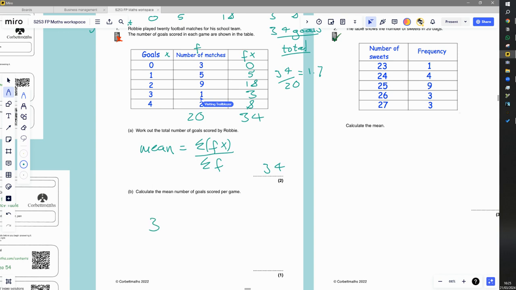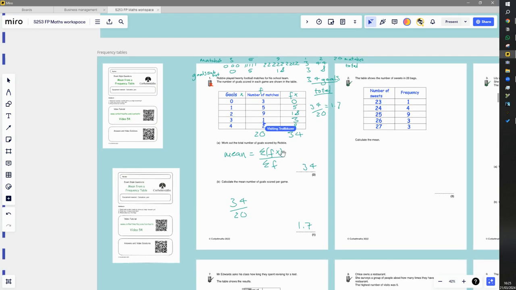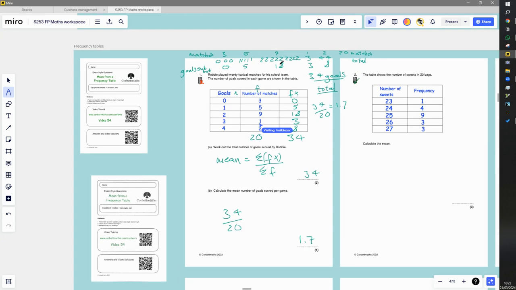So 34 divided by 20, 1.7. Okay. So to be honest, most people just remember how to do it, which is good. But I think it's quite important to try to understand why the method works, because then you're less likely to forget the method. So I'll just stop the video and I'll save it there in a moment.